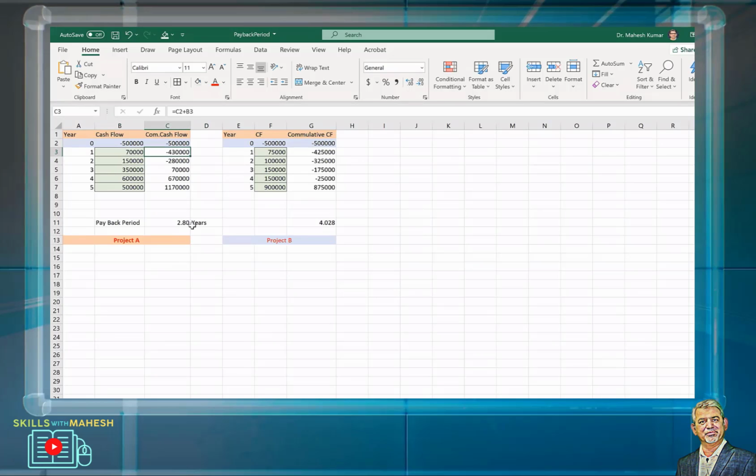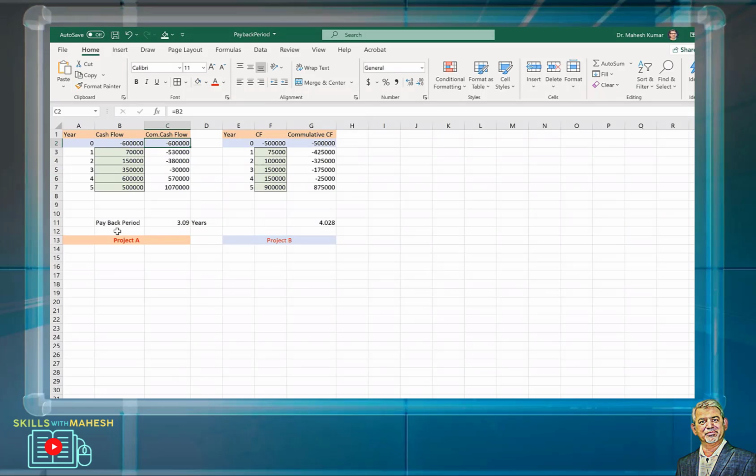It became 2.80 years, right? So this is a live model, which means you can change anything and get the payback period for that. And if I change the initial investment from 500,000 to 600,000, it automatically becomes 3.09 years. So this is the correct answer, and it is dynamically computed.